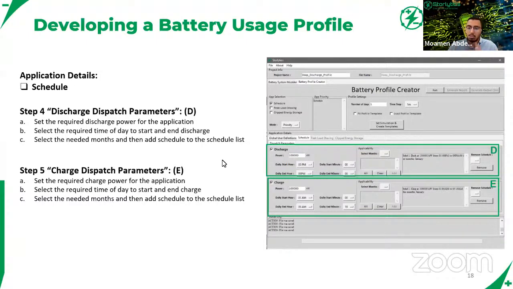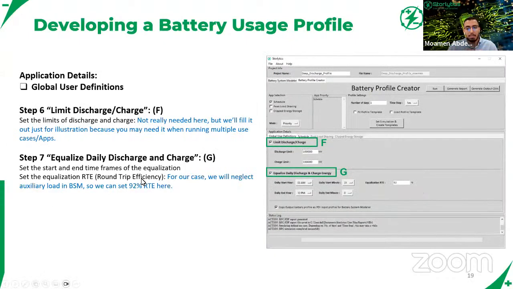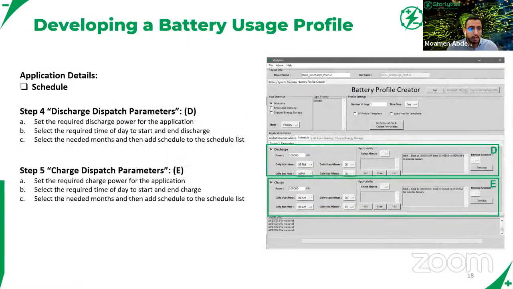And in Storlytics, we have the capability of selecting several months, where you can simulate several season conditions for your energy storage system. After that you can add that as an input.